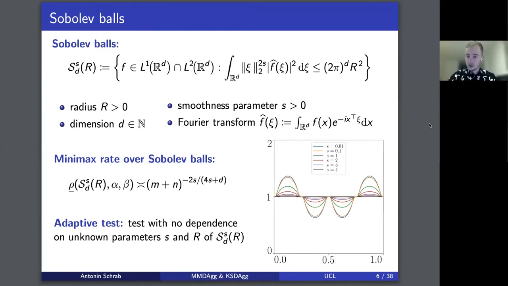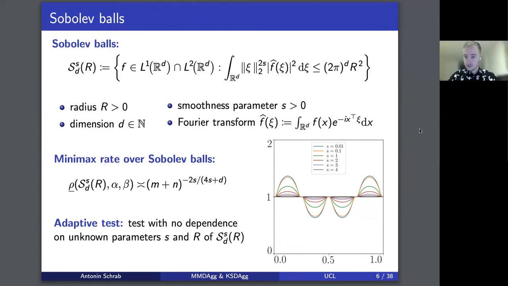And just as an illustration, here I'm plotting some functions that lie in the Sobolev ball. These are perturbed uniform densities. So the x-axis is just x, and the y-axis is our density. This is with one perturbation, and those functions have been shown to belong to the Sobolev ball.